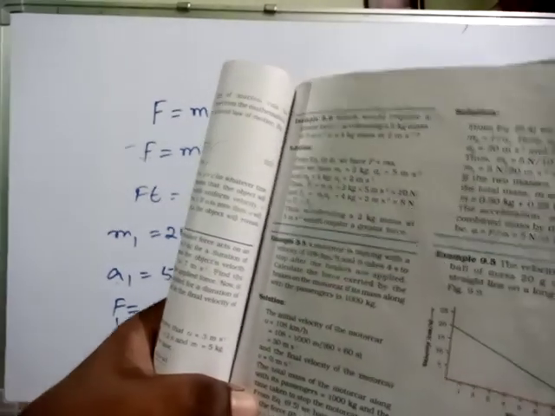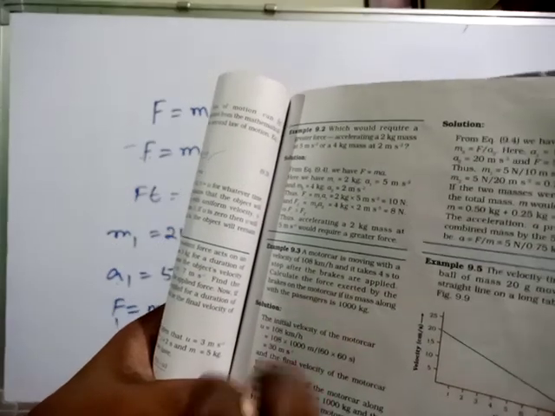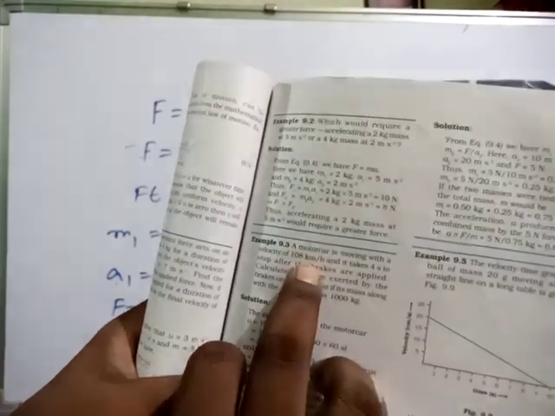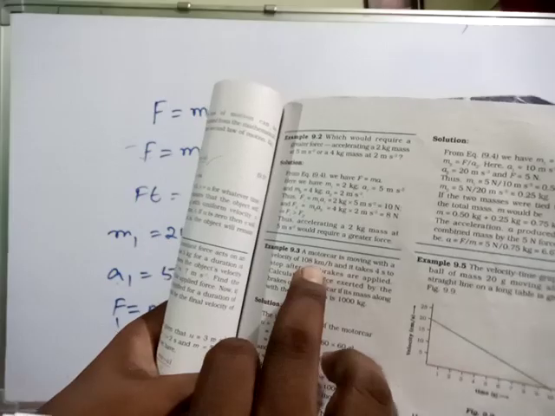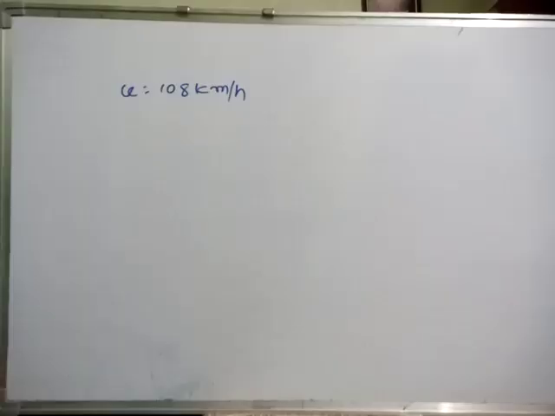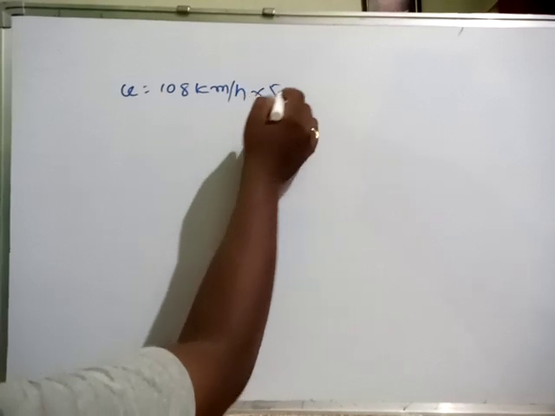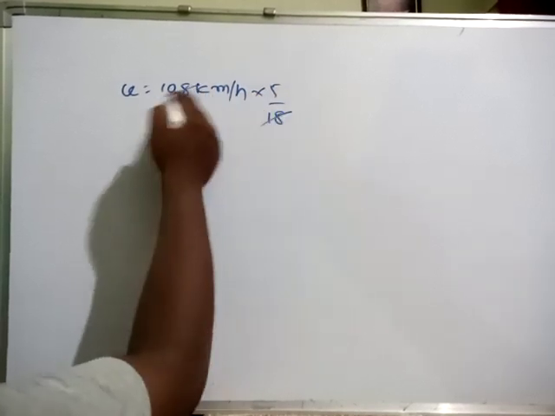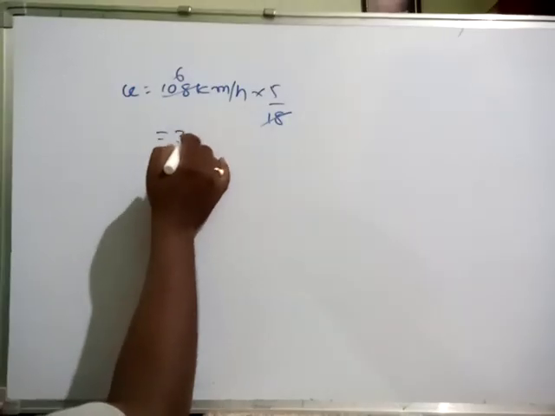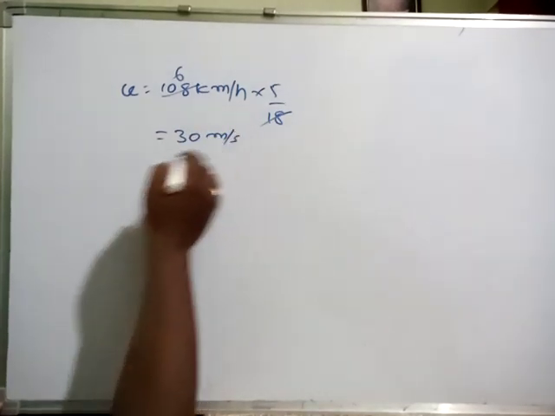Here always we have to use SI units only. This is a commercial unit, kilometer per hour. First of all we have to change this unit. 108 km per hour means into 5 by 18. 18 six times, it will be cancelled, so 30 meter per second.